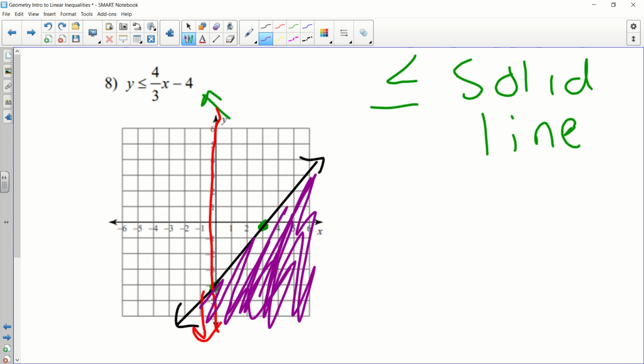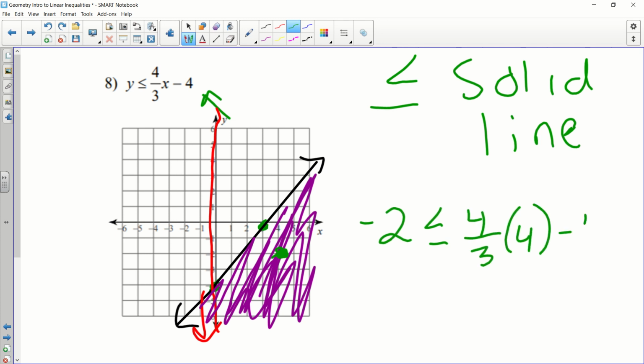Just to show you, we will take the point (4, -2). That is definitely in the shaded area. So for an x value of 4 and a y value of -2, I'm going to replace x and y with that ordered pair.